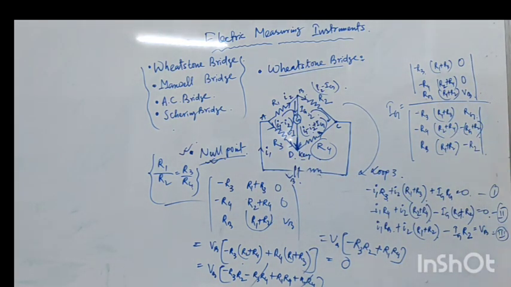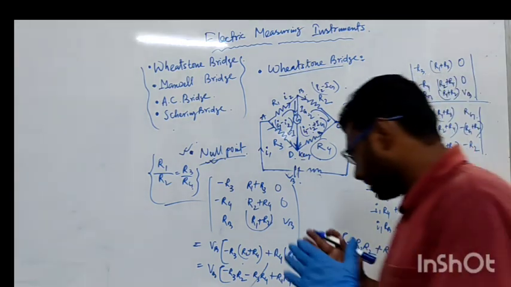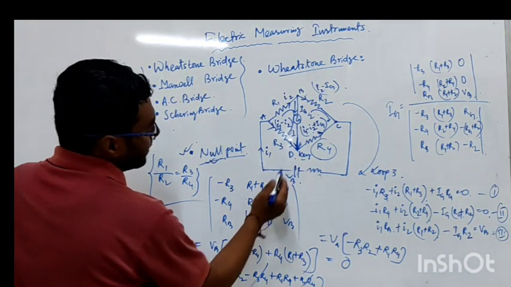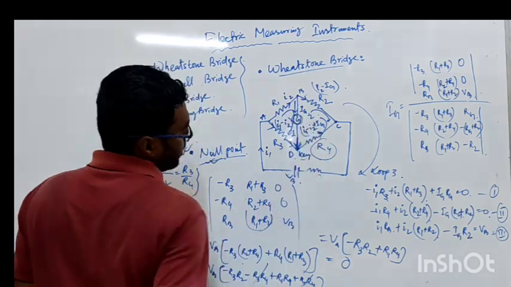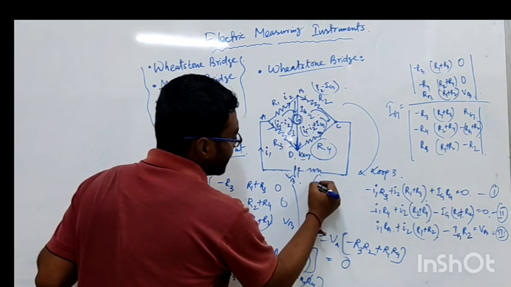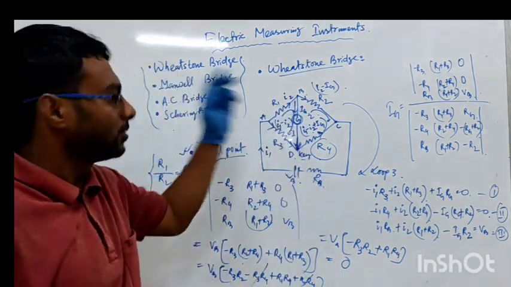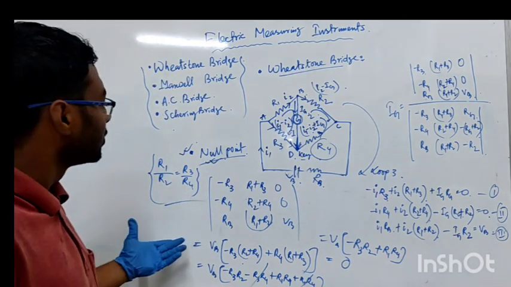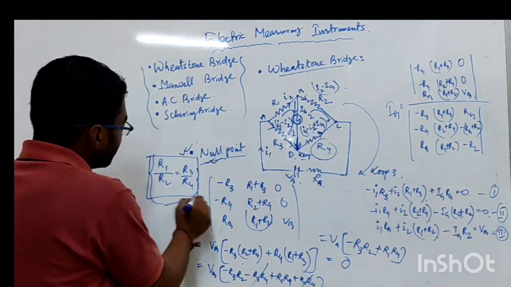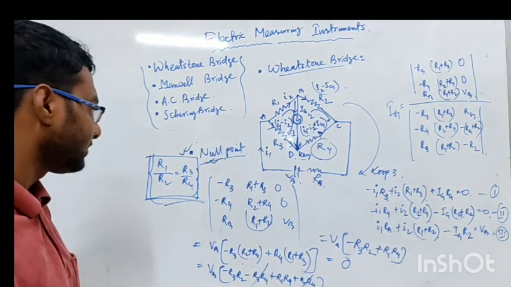So if we change some resistance in that part, it will be incorrect. So from here we can tell that if we interchange the galvanometer resistance with the external resistance RB, then also at the null point we can get the condition to achieve the nullity.